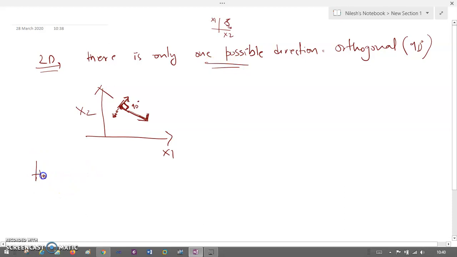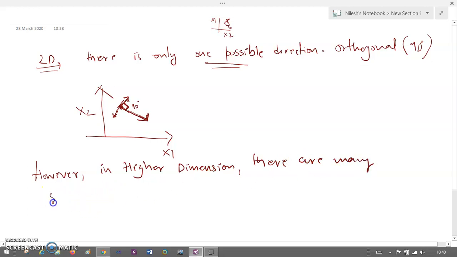However, if your data set is not in two dimensions, and it is in higher dimensions, there are many such orthogonal directions you get.